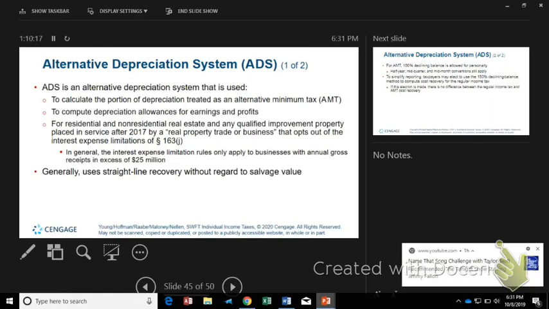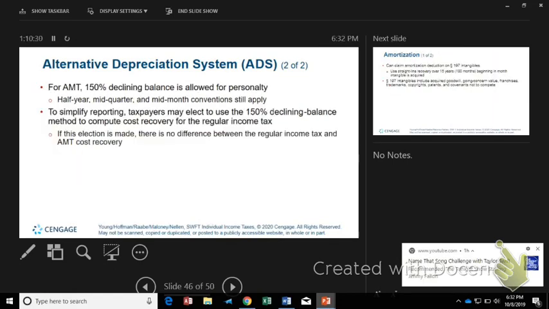And it's for rental real estate property that is going to follow that with regards to AMT. And so when we talk about AMT, we won't jump back to this, but I will reference the fact that they kind of have their own depreciation methods. For AMT, 150% declining balance, they do still have half-year, mid-quarter, and mid-month. Right.